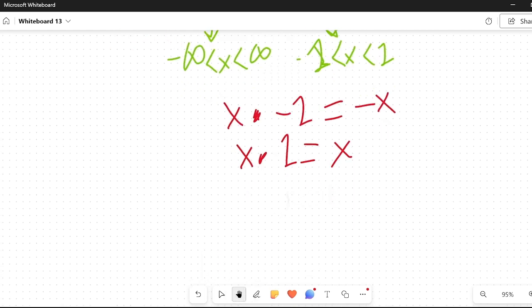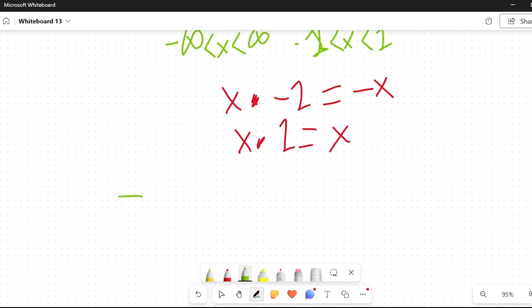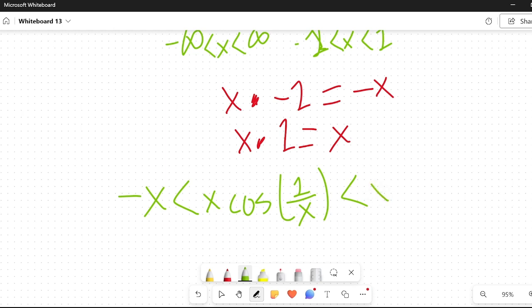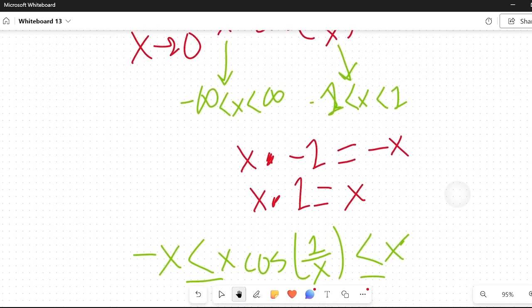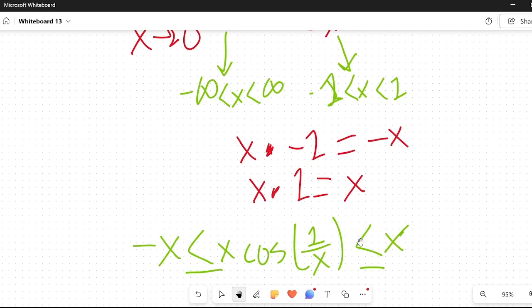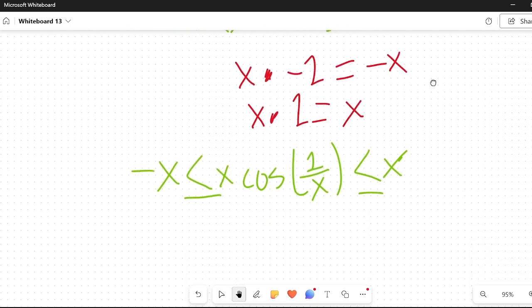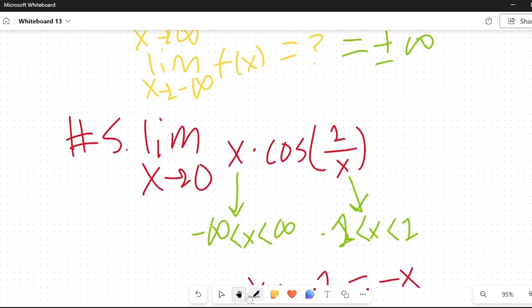So x times cosine of 1 over x falls in between these two functions. And would you look at that? If we evaluate the limit as x approaches 0, both negative x and x approach 0. So the function in between also approaches 0. This limit, which we weren't able to evaluate directly, is now equal to 0.